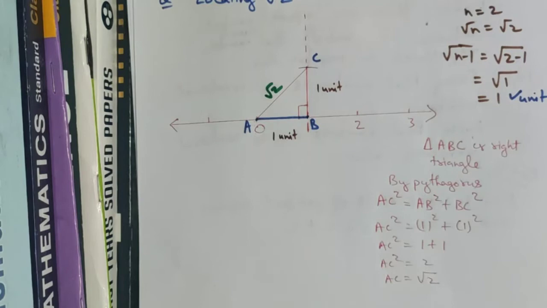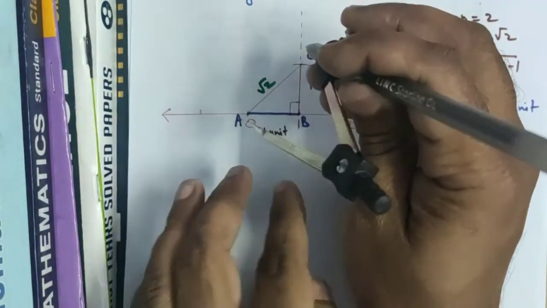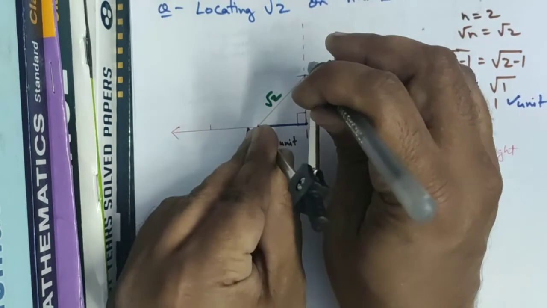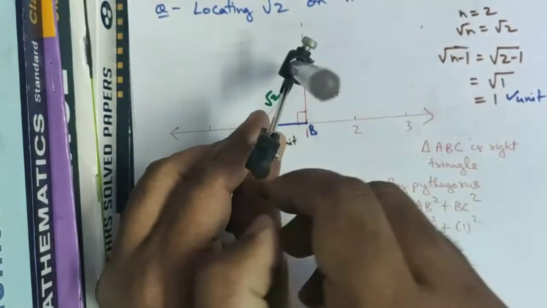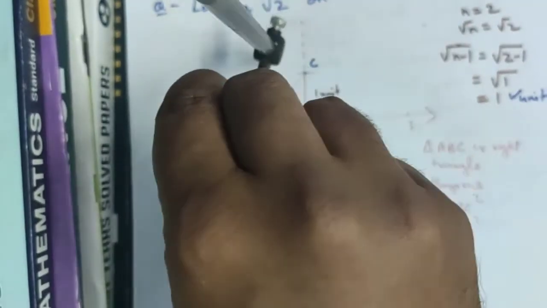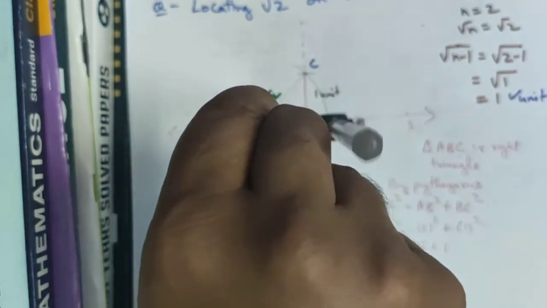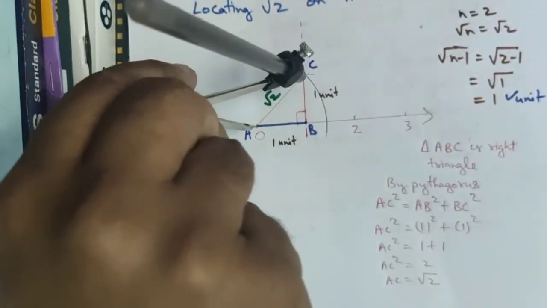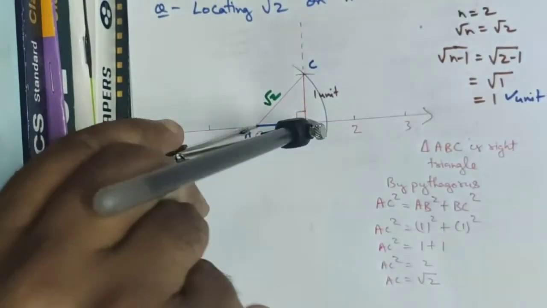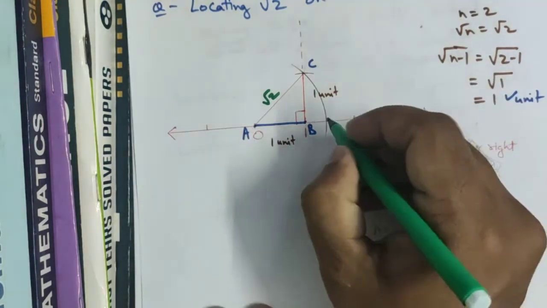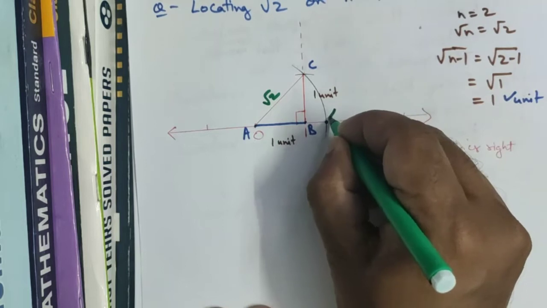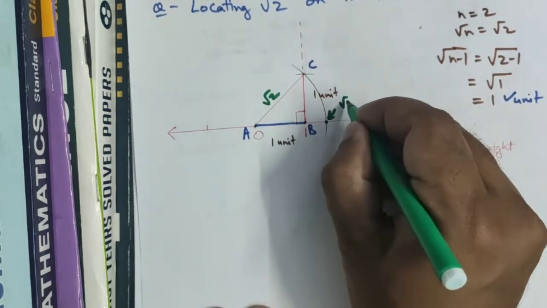With the help of a compass, we will take radius equal to AC, and we will draw an arc intersecting the number line, and the point of intersection on the number line will be representing root 2.